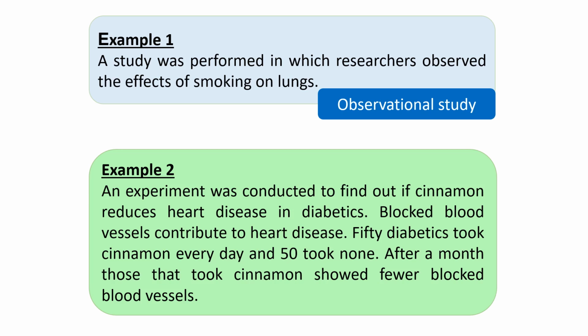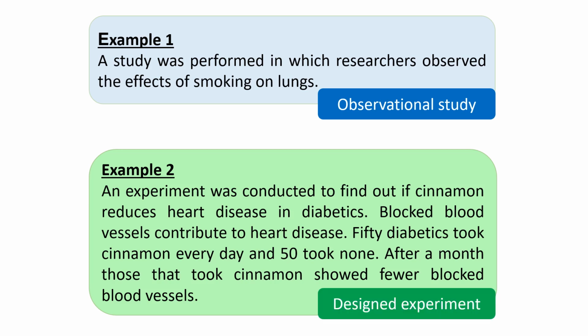After a month, those that took cinnamon showed fewer blocked blood vessels. Again, this has been controlled, as you can see that 50 were given cinnamon and 50 diabetics were given none, and compared later. Therefore, this is a controlled study, a designed study or designed experiment.